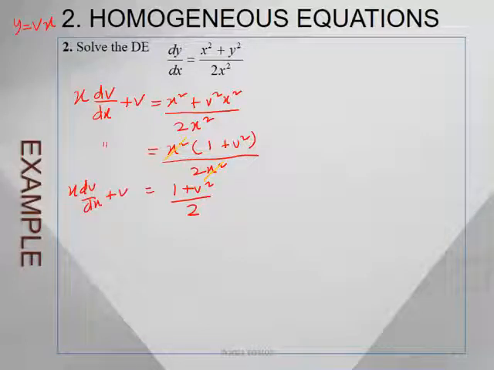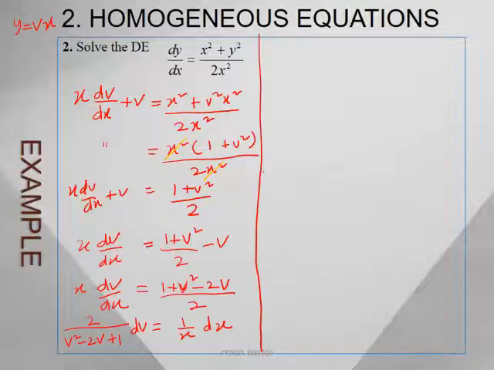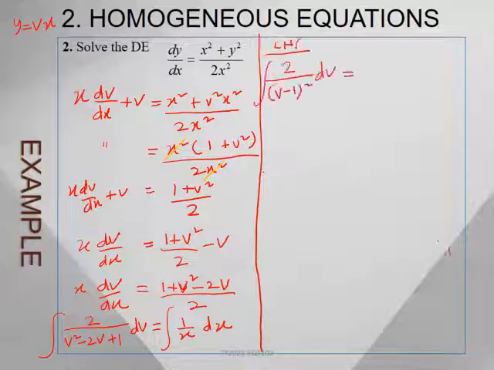Right? So we can move it, so it becomes like this. Now you can integrate them. For the first one, if we integrate, we need to use partial fractions, right? Or maybe we can just use substitution.